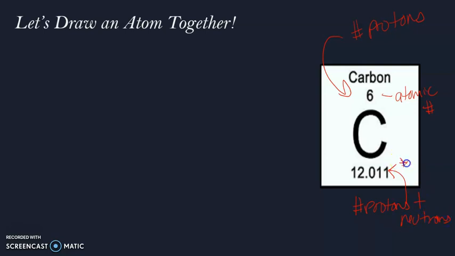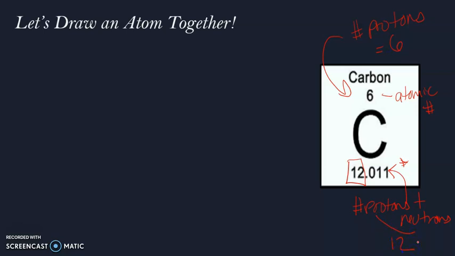Now, notice right here I've got 12.011. That's an average of all the different isotopes of carbon. We can't have 0.01 of a proton or an electron, so we're going to round to the nearest whole number. When we do our math, we're just going to use 12 for protons plus neutrons. So I have 6 protons, and down here my protons plus neutrons is 12.